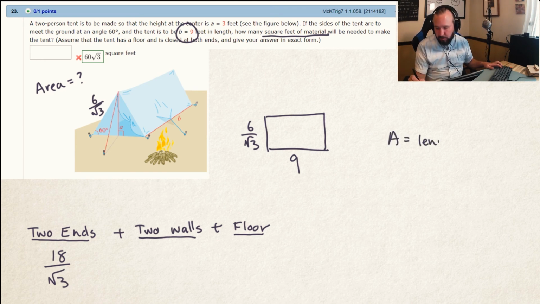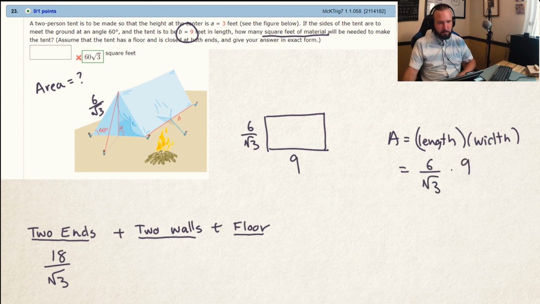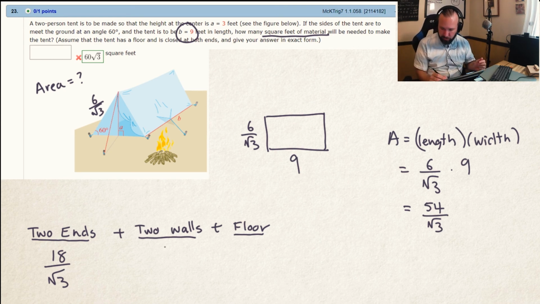It's just length times width. So this is going to be 6 over the square root of 3 times 9. So this is giving me 54 over the square root of 3. But that is just for one of the walls, and there's 2 walls. So in total, I have 108 over the square root of 3 for the 2 walls.